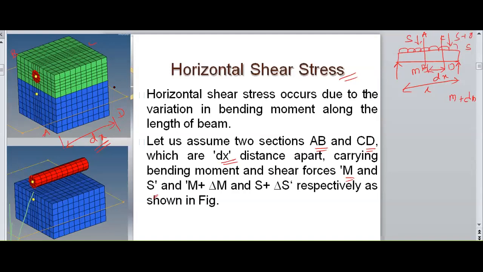And on the CD side, we have a shear force of S plus delta S and bending moment of M plus delta M, because, due to the UDL, the bending moment will vary over the small length also.